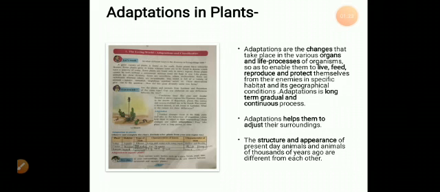Now, there is a variety of animals such as aquatic, terrestrial, amphibian, reptilian, and aerial. So, after seeing all these different types of plants and animals, question arises, how have these animals come into being?